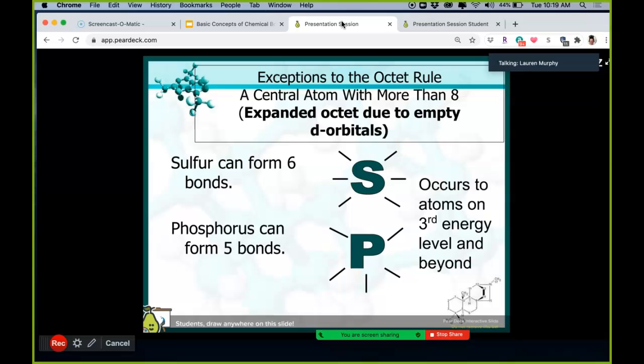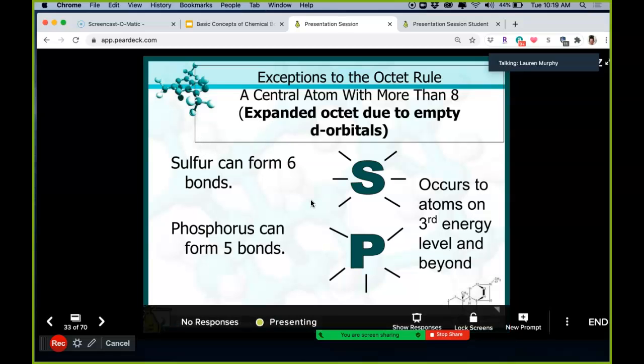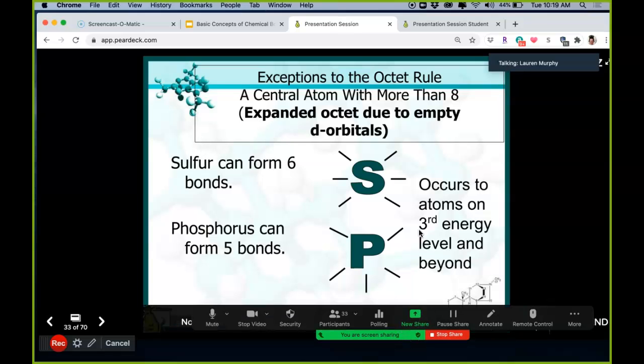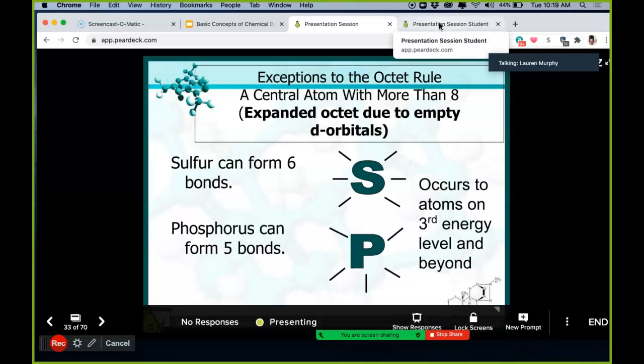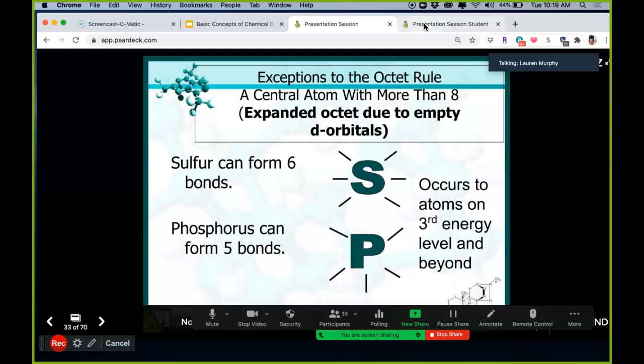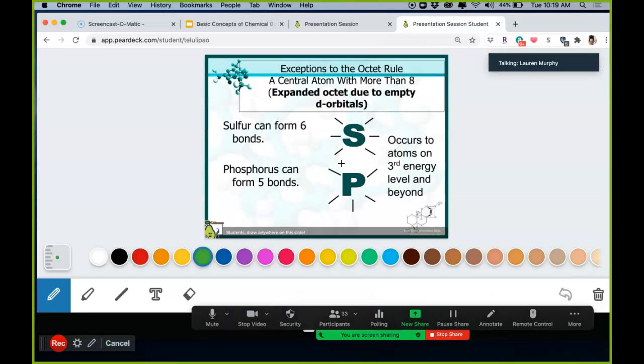Okay, so just like you can have incomplete octets, you can also have expanded octets. That means atoms that have more than 8 electrons around them. And you go, well, how is that even possible? Well, let's talk about how that's possible. So, for example, sulfur has 6 valence electrons, okay?